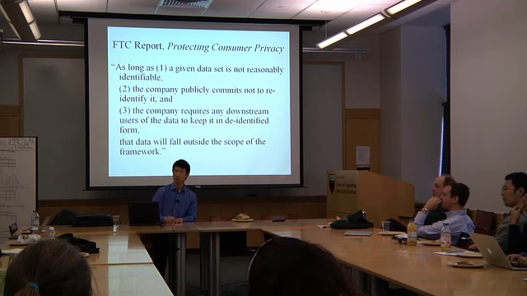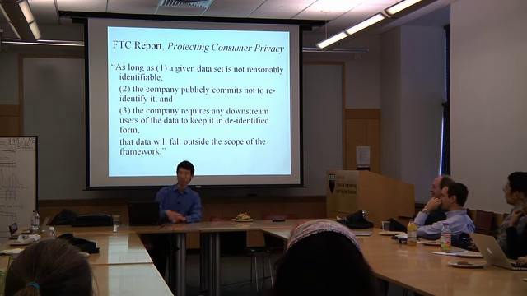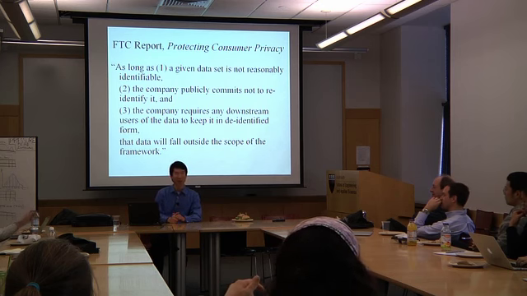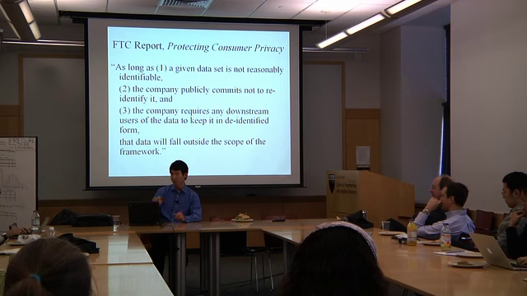Is it your view that the point there would be met by a company whose prospectus said it would not be evil? I think that the FTC's view would be that the public commitment would need to be more specific than that. In general, the reason why the FTC is requiring a public commitment of this sort is because the FTC's jurisdiction in this case is grounded upon their ability to prevent unfair and deceptive practices.